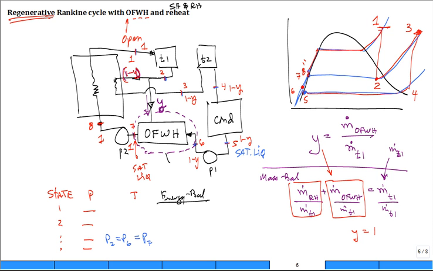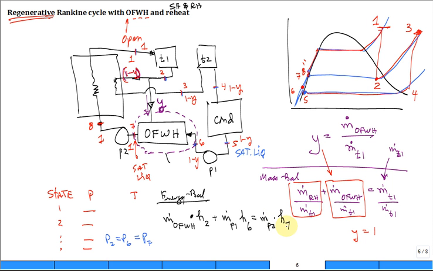If you do an energy balance, you'll have that the mass flow rate coming down to feed the top of the open feed water heater multiplied by its enthalpy, which is enthalpy 2. Isn't that the enthalpy coming down? H2. You add that to the mass flow rate coming from the first pump, just put P1 there, the mass flow rate coming through the first pump, multiplied by H6, and that has to equal the mass flow rate going to the second pump times H7.